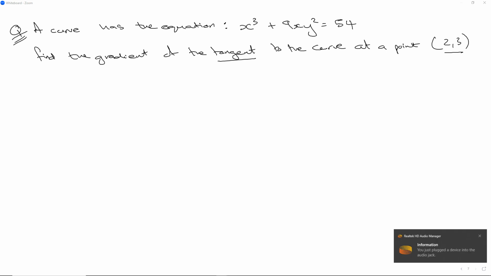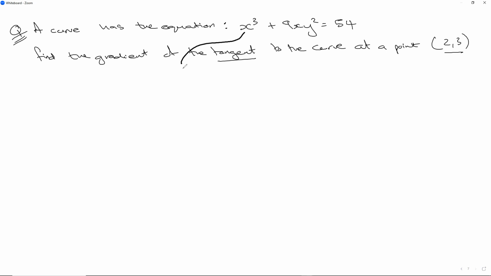Okay. All right. So firstly, when I derive this function, I know that deriving the x cubed is going to become 3x squared. And over here, I've got two functions.